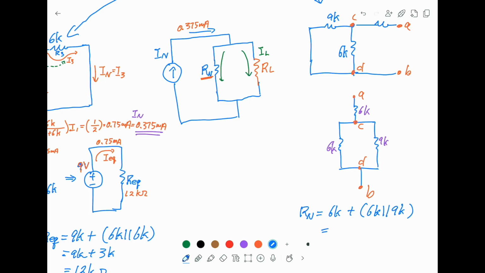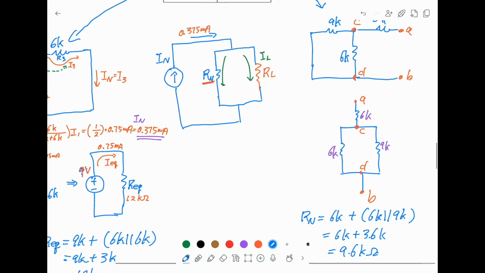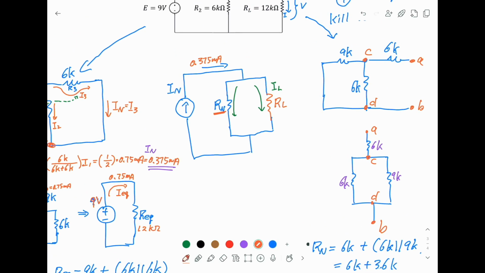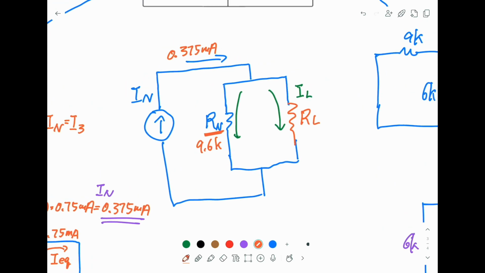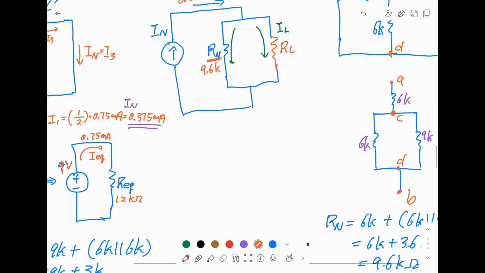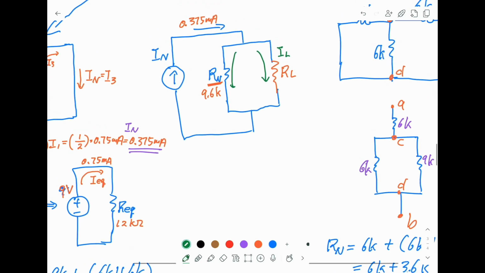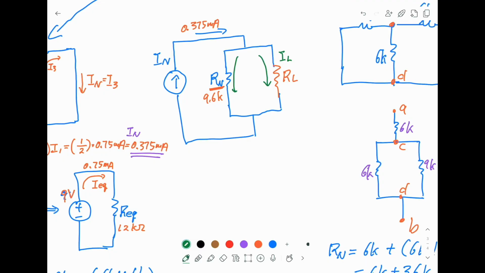So again, you will see this is 6K plus 3.6K. So you get 9.6K ohm. So I just put it back here. This is 9.6K.